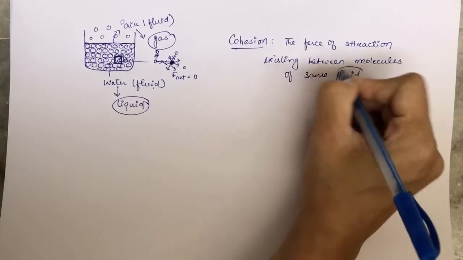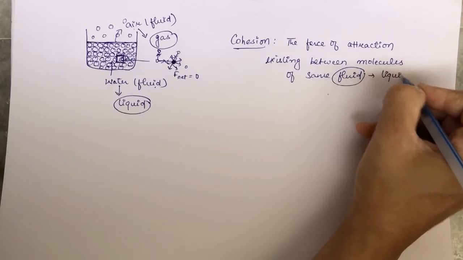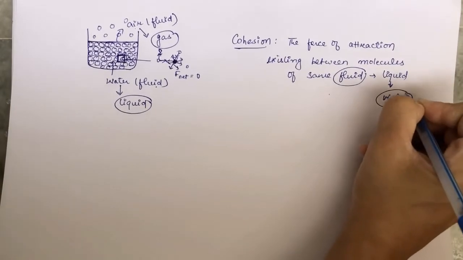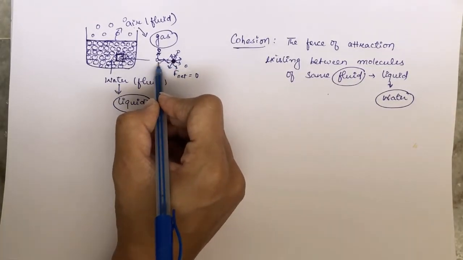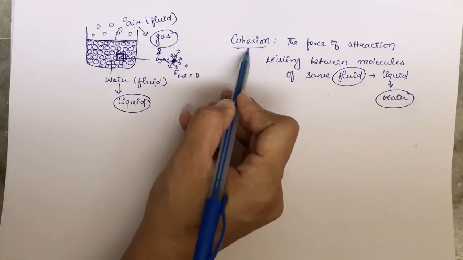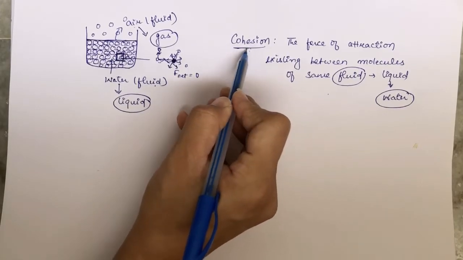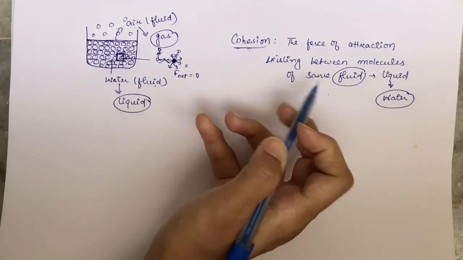Here we are talking about a liquid, which is water. If the molecules of water are held together by an intermolecular attractive force, then that force is known as cohesion. So the force of attraction existing between the molecules of the same fluid is known as cohesion.